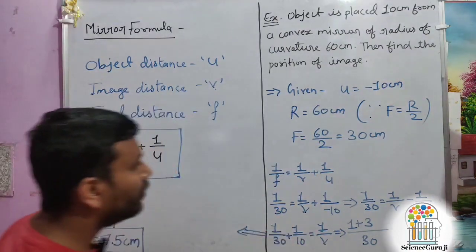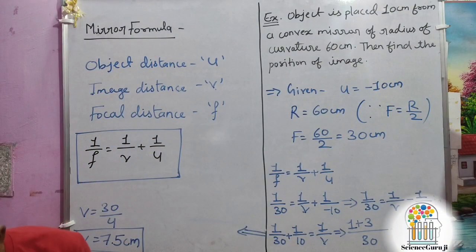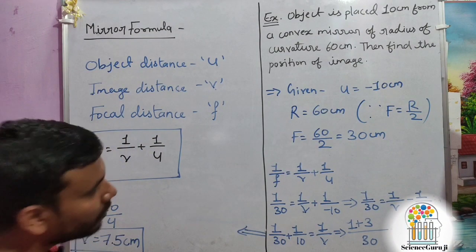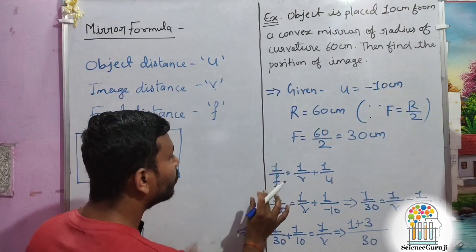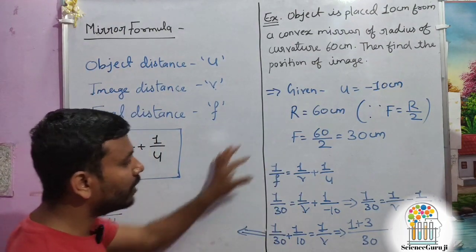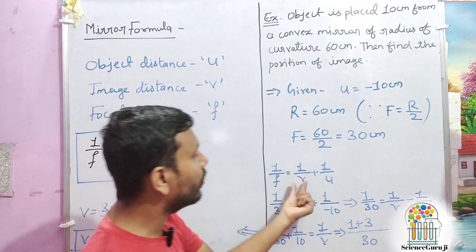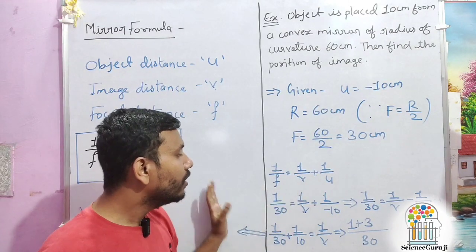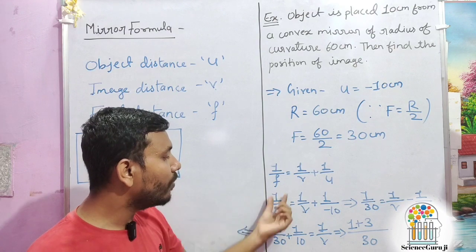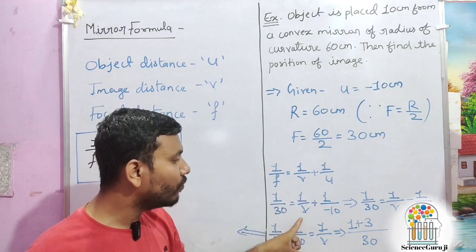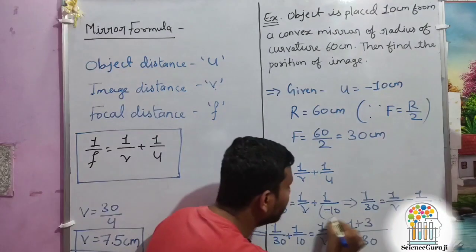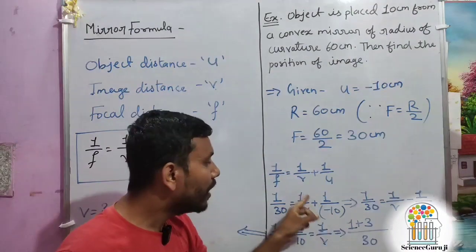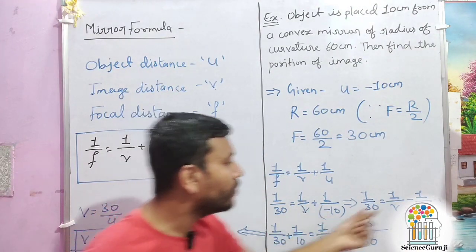And one more thing. According to the mirror formula, 1 upon f is equal to 1 upon v plus 1 upon u. By putting the data in the mirror formula, we get 1 upon 30 is equal to 1 upon v plus 1 upon minus 10. Here plus and minus become minus.